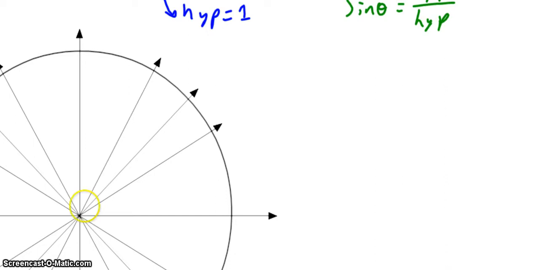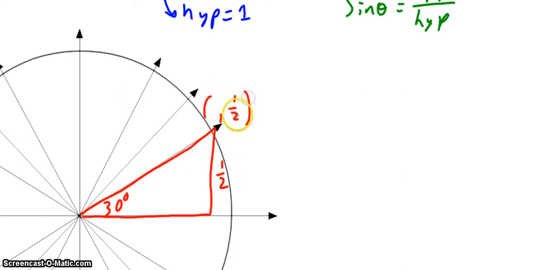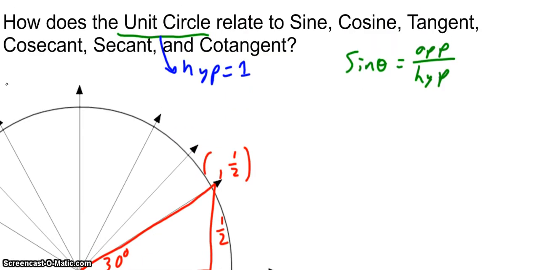And so if I think about that first thing here with my 30, 60, 90 triangle, the opposite was 1/2, which turned out to be the y value. So when we're talking about sine on the unit circle, sine is going to equal the y value.